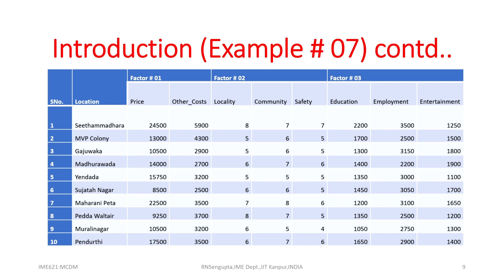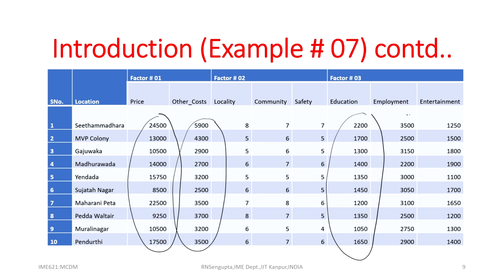The values in the columns I highlighted, under price, other costs, education, employment and entertainment, are practical values which I found from the net. They would obviously have some aberration, but they are the values based on which we will proceed for the 10 localities based on these factors.